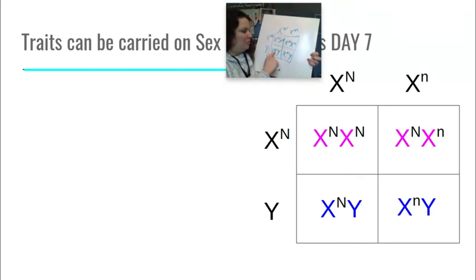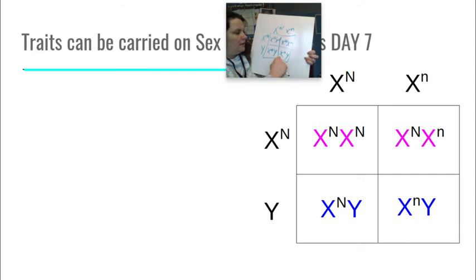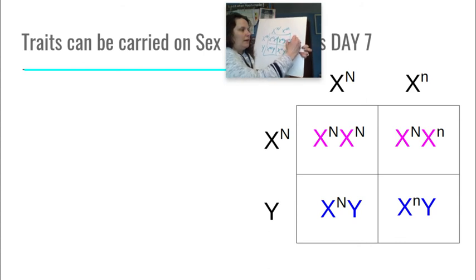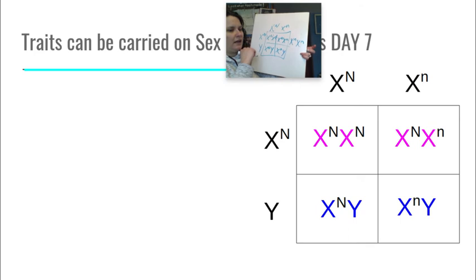XY, boy, big N. So that is a normal boy, not colorblind. And then this X little n Y would be a boy, and then for sure has colorblindness. Okay, notice on this one compared to this one, for a girl to have color blindness, her genotype would have to be X little n, X little n.